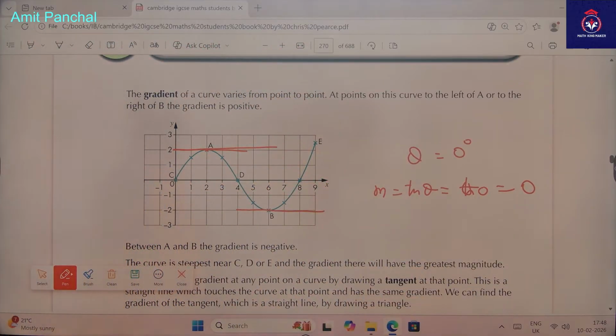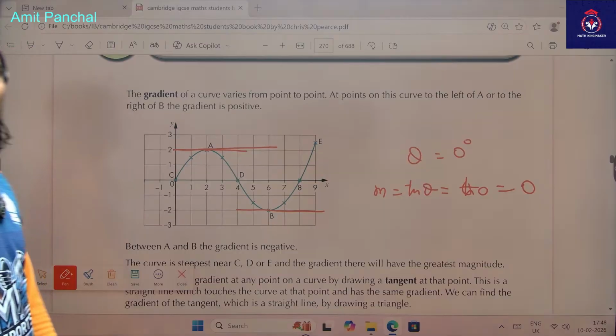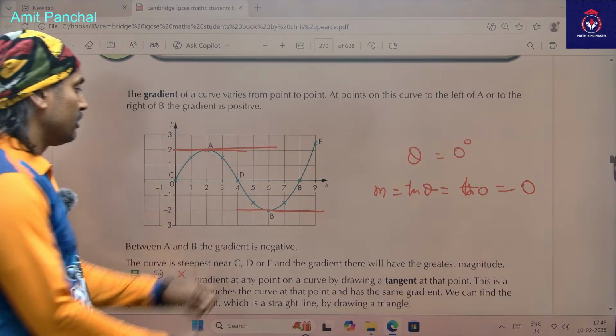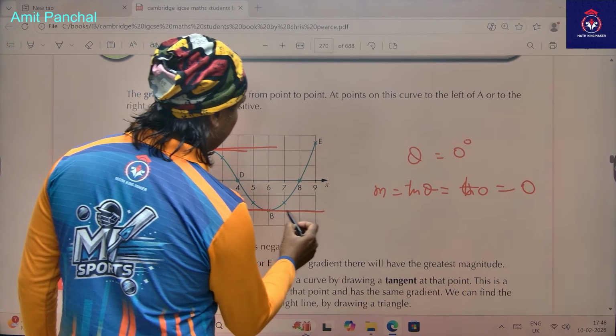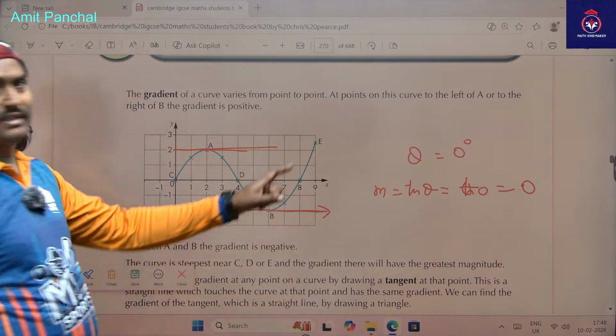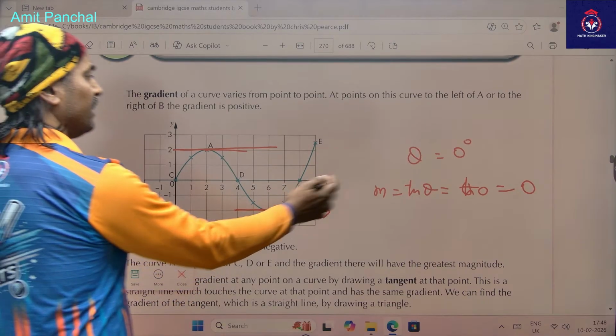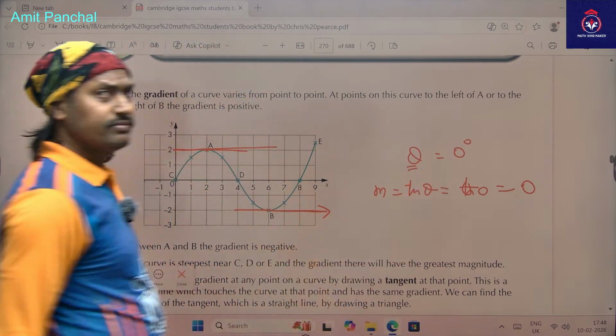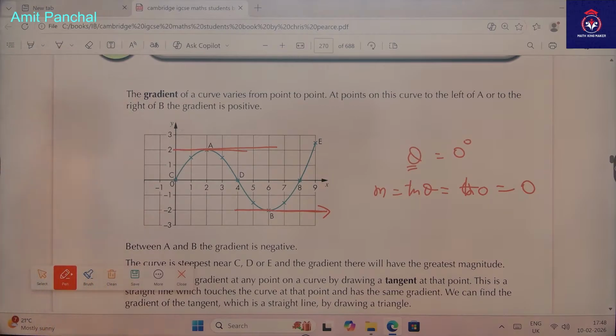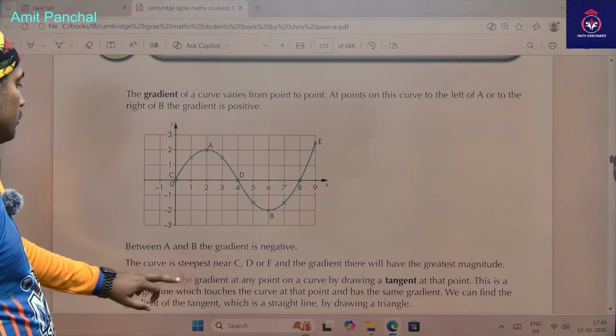Yes, the tangent is horizontal, so it is parallel to the x-axis. If it is parallel to the x-axis, how much angle is it making with the x-axis? That is theta. If theta is 0, then its gradient will be 0.